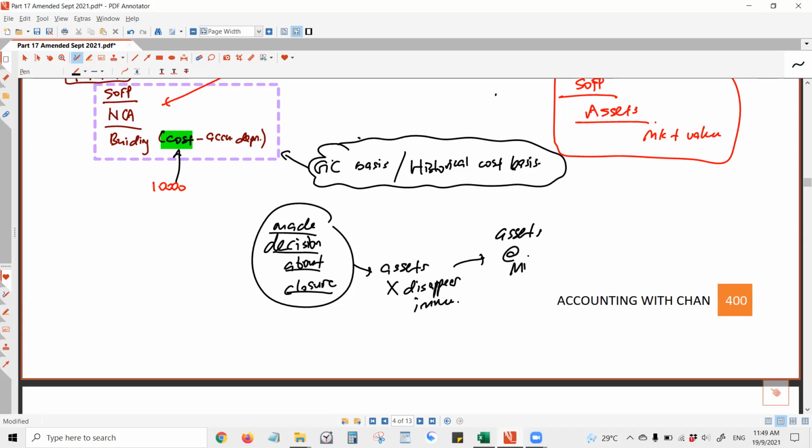Then you have to wait for buyers, right? So you will start to do advertisement about selling off your NCA and those things. So during that period of waiting, you should present your assets at the market value. Because your assets don't disappear straight away when you have made the decision.